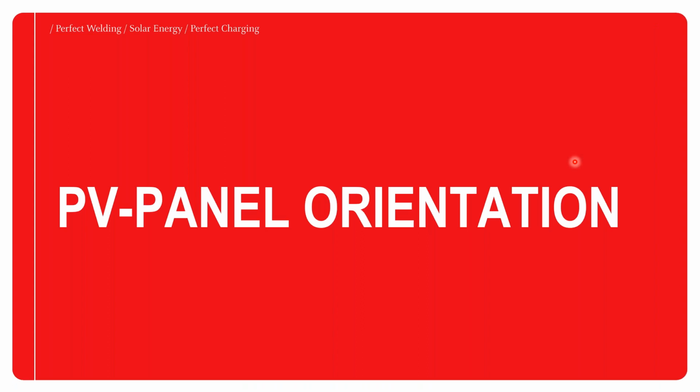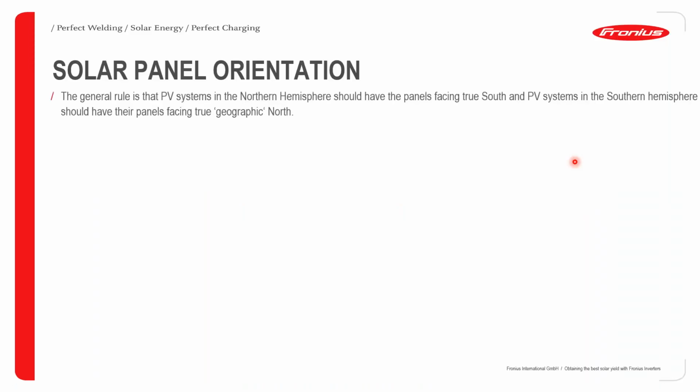So talking about PV panel orientation, the general rule is that PV systems in the Northern Hemisphere should have the panels facing true south. And then the PV systems in the Southern Hemisphere should have their panels facing the true geographic north. So I must make mention here that there is a difference between the geographic north and the magnetic north.